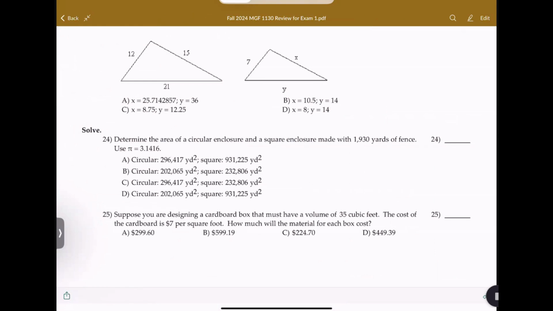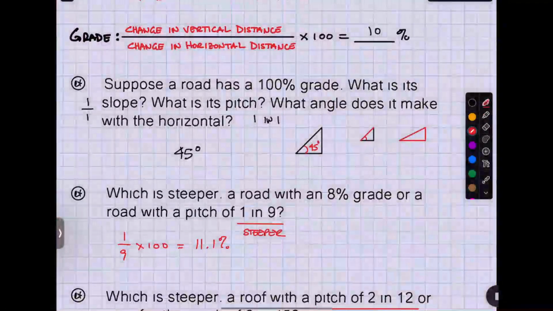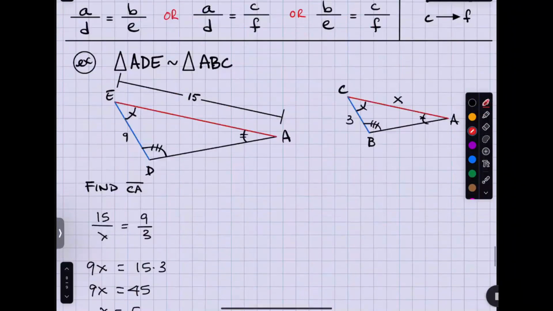Determine the area of a circular enclosure and a square enclosure made with, gotcha. Okay, so I only have this much fencing. 1930 feet?